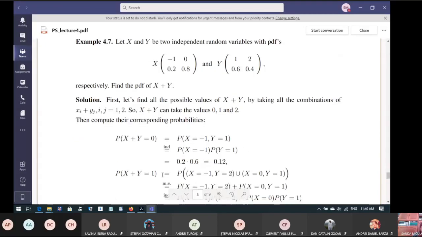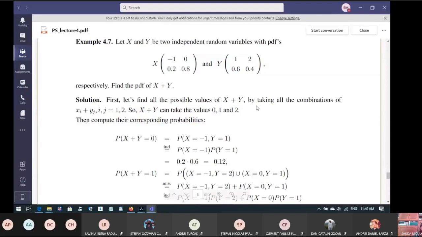And again, take each value separately to compute the corresponding probability. Probability that x plus y is 0. When we're doing this by hand sometimes, at the seminar, I would say let's write down underneath the corresponding combinations, right? What value of x with what value of y would give a sum of whatever's here. Okay, you can still do that.